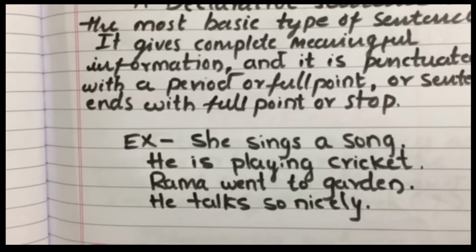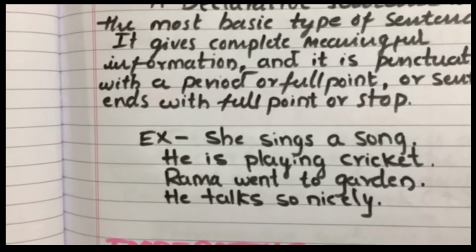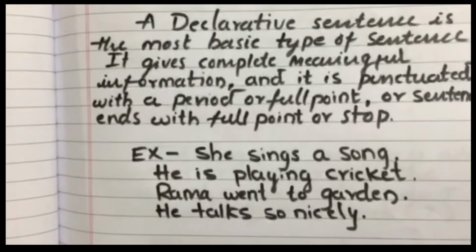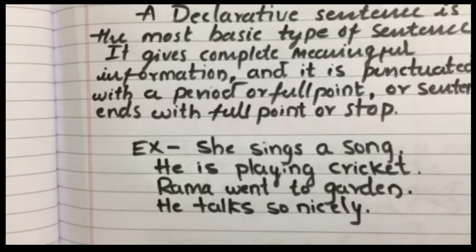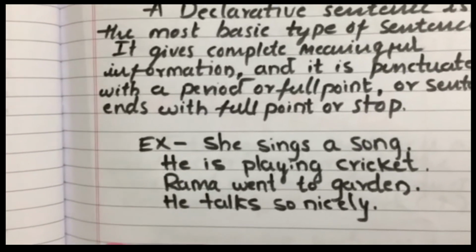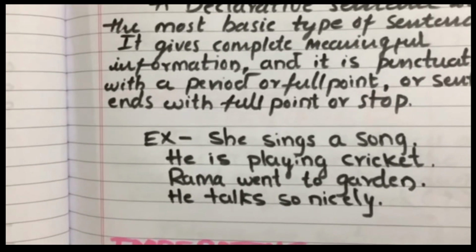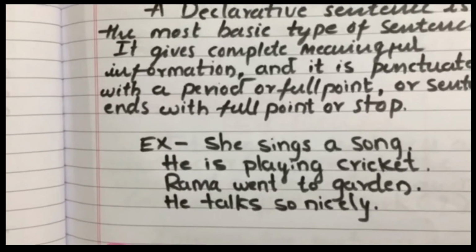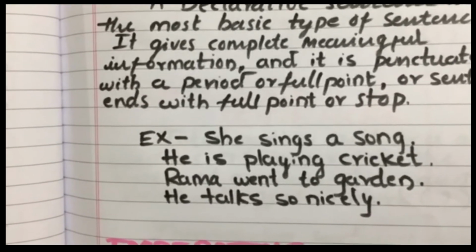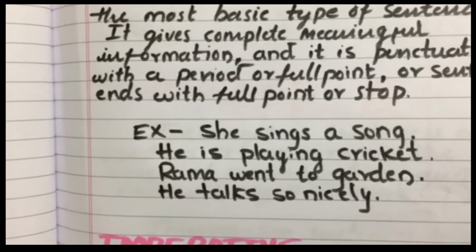Okay, examples. She sings a song. Here we are learning about declarative sentences. First example is here: She sings a song, and he is playing cricket. Rama went to garden. He talks so nicely. Dear students, look at those sentences.